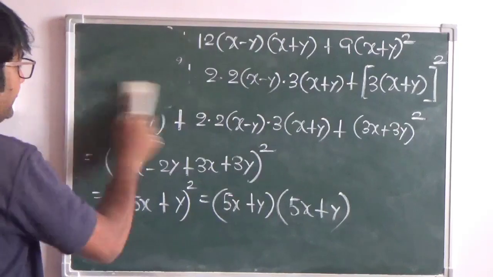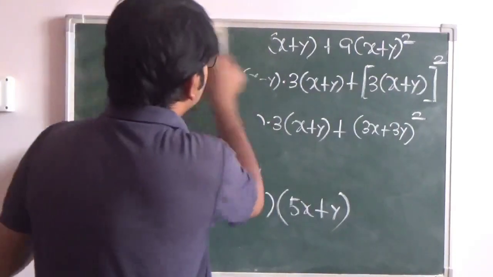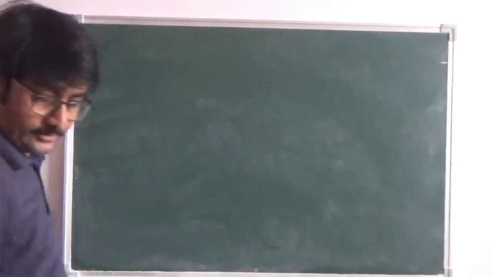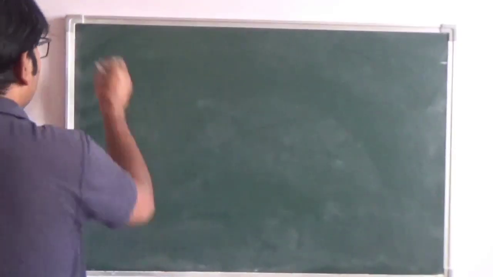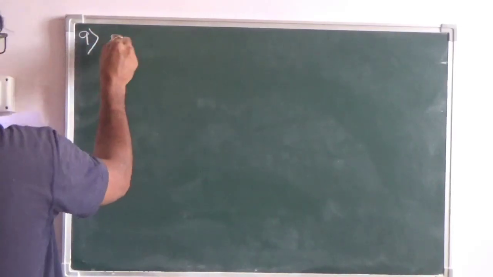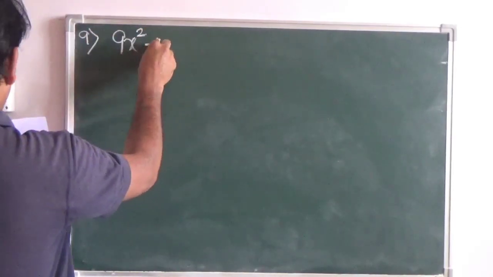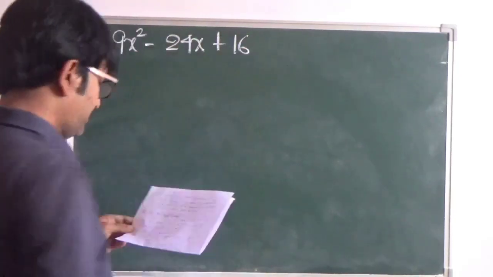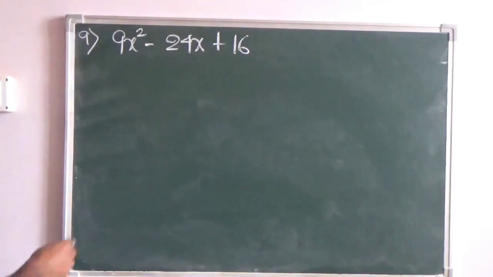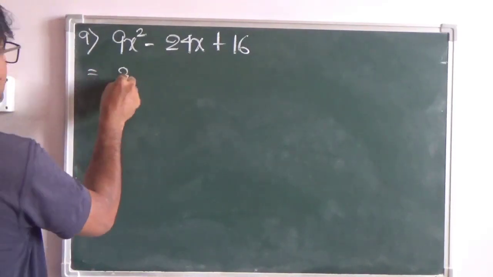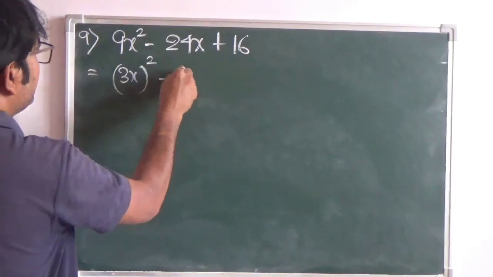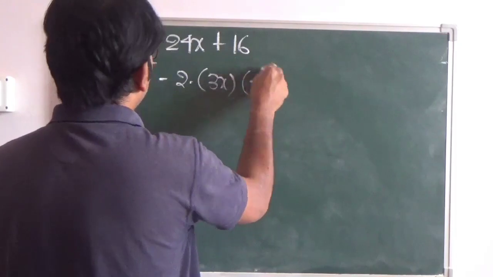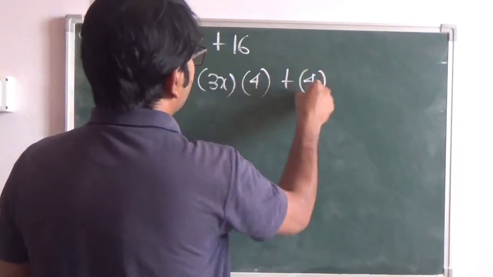So next question number 9. This is 9x square minus 24x plus 16. So we can write it as (3x) square minus 2 into 3x into 4, and this is 4 square.